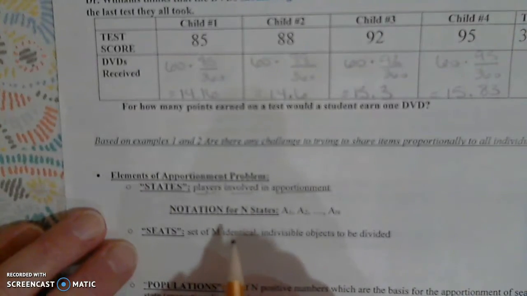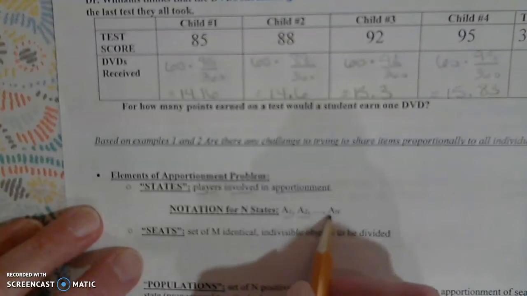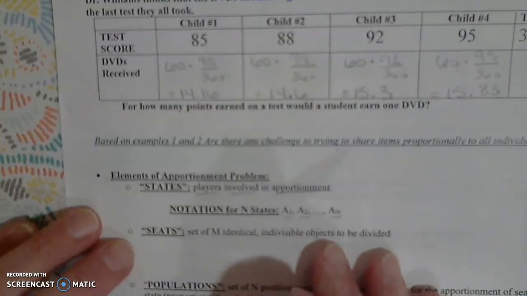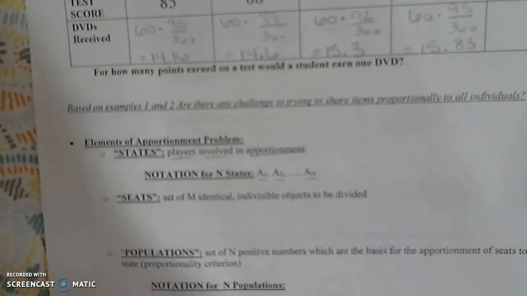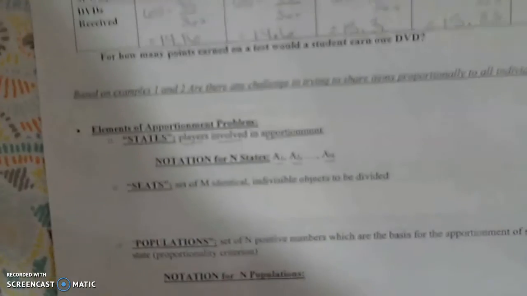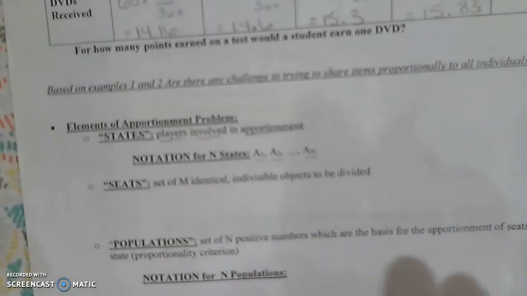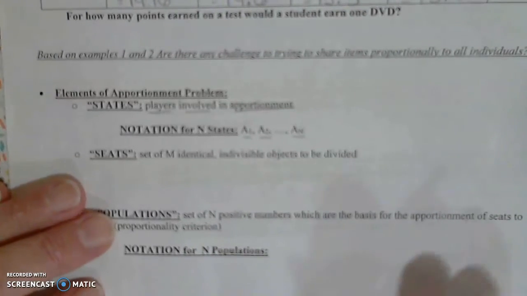And then the notation for states, A1, A2, all the way out to AN, depending on the number of people that you have. Okay. All right. Questions there? I know it's a little blurry and I hate that. But you can see this on the Google Doc.